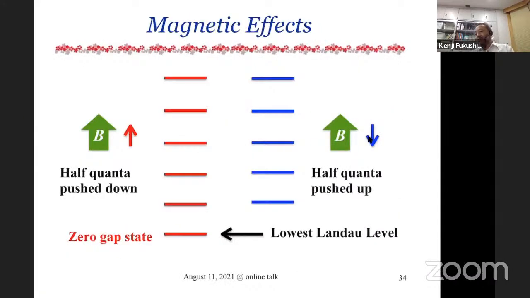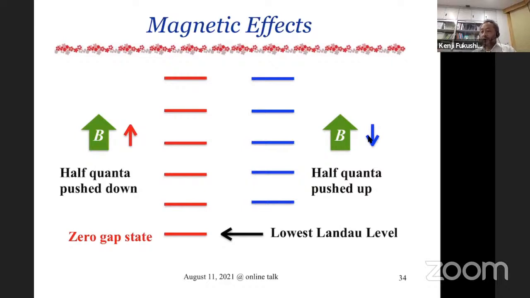So actually, if you see the fermion spectrum, if the magnetic field is strong, quantum mechanics tells you that Landau quantization is expected. And if you have the spin, then the Landau quantization pattern is very interesting.